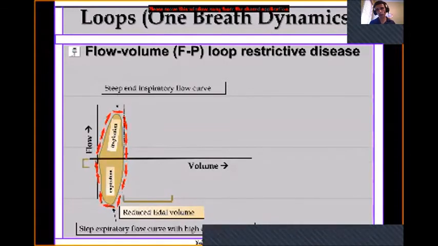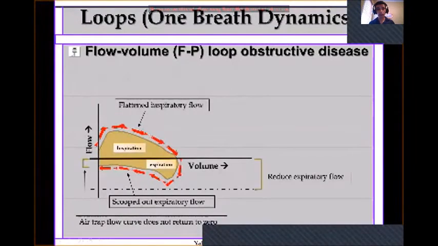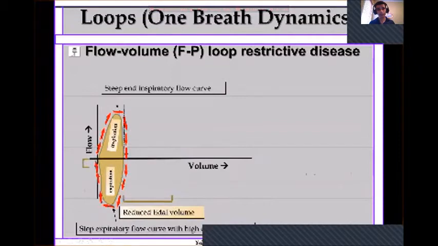And then there will be no time, because you need longer time for the PIP to go out, and that will not return to its original position, and therefore you will have air trapping.